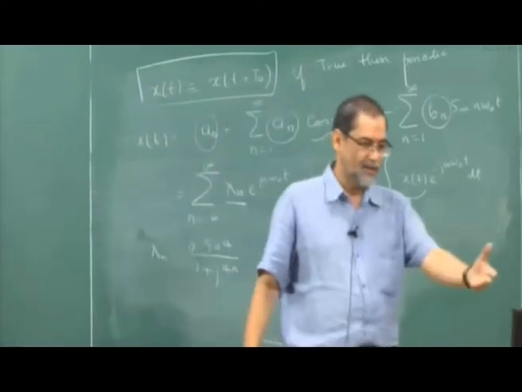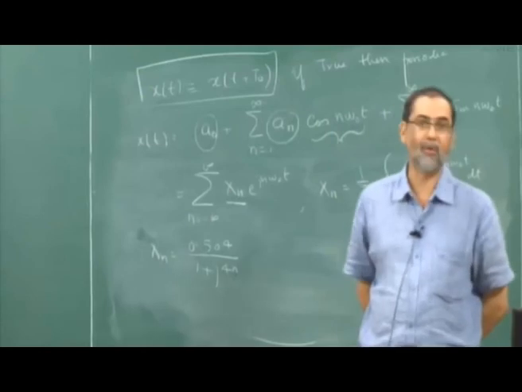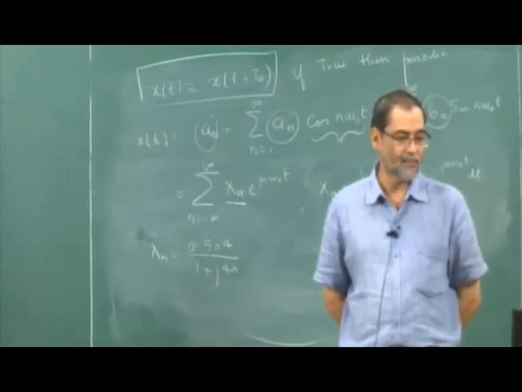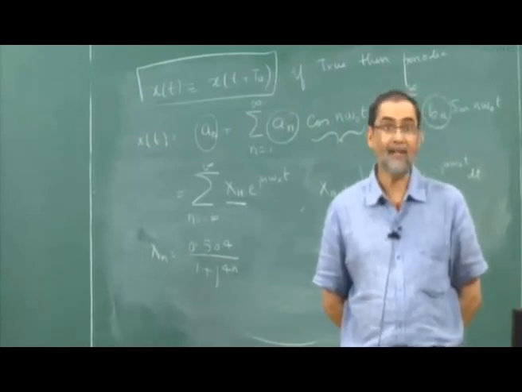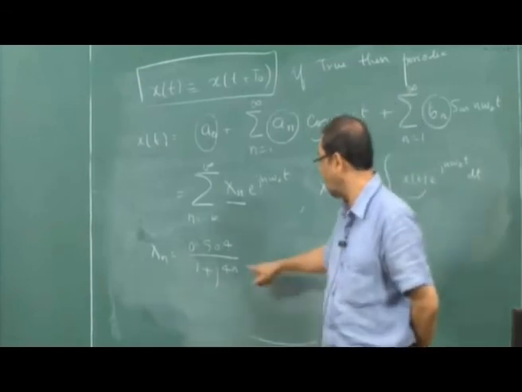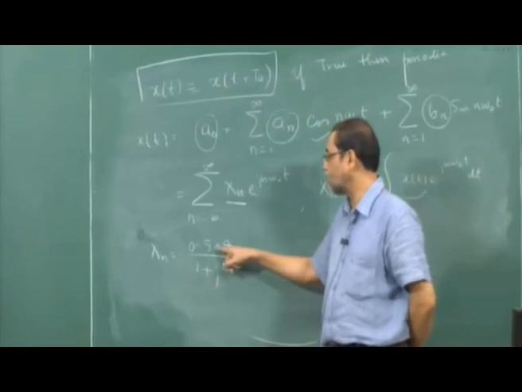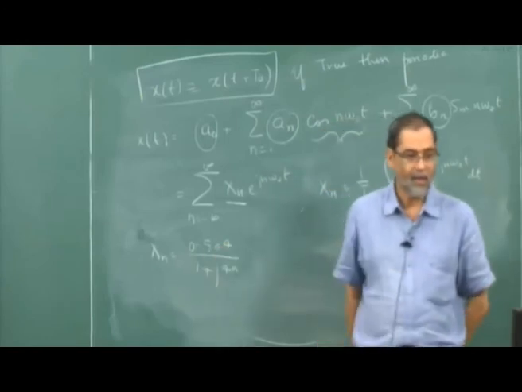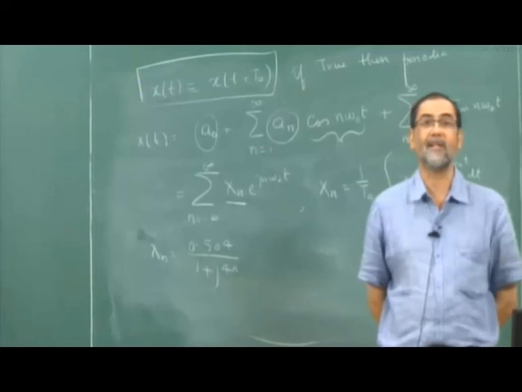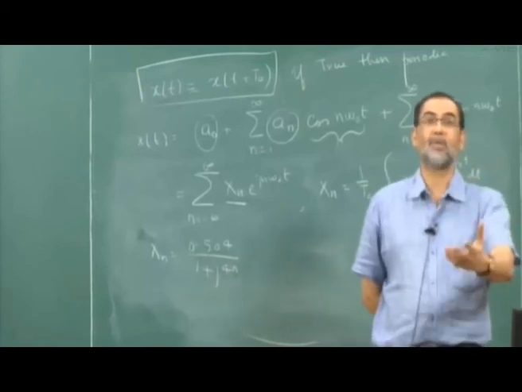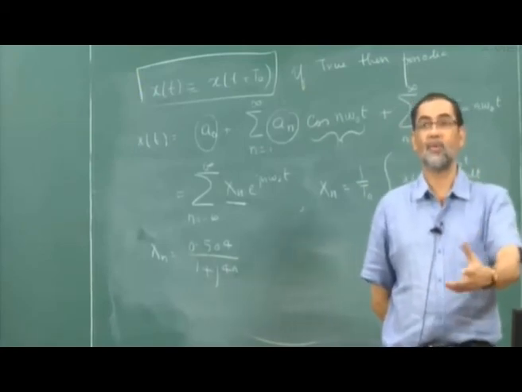In this case, I have taken 0.504 outside. So x of t is 0.504 times 1, that's for n equal to 0, because if you make n equal to 0, the denominator is 1 and the numerator 0.504, which is what is taken out, and I have shown all those terms there, for plus 1, plus 2, minus 1, minus 2, and so on.